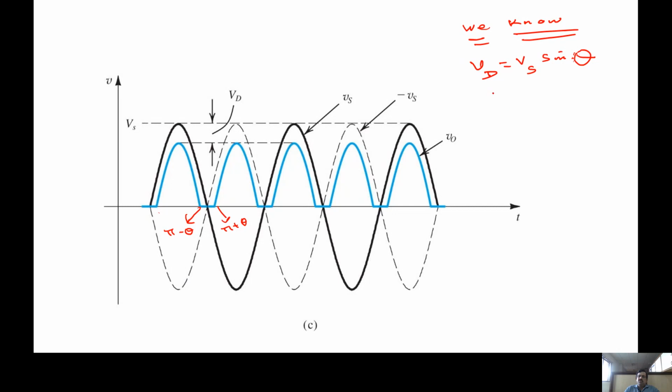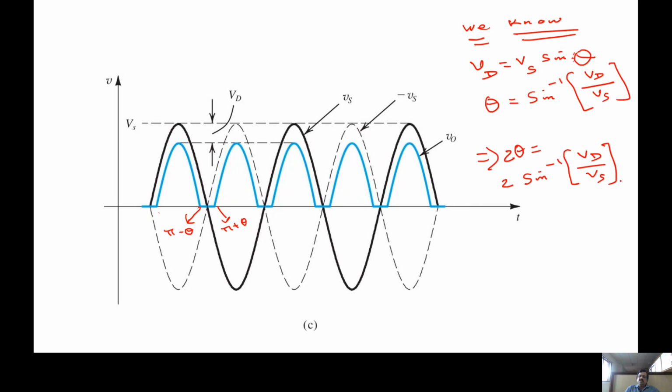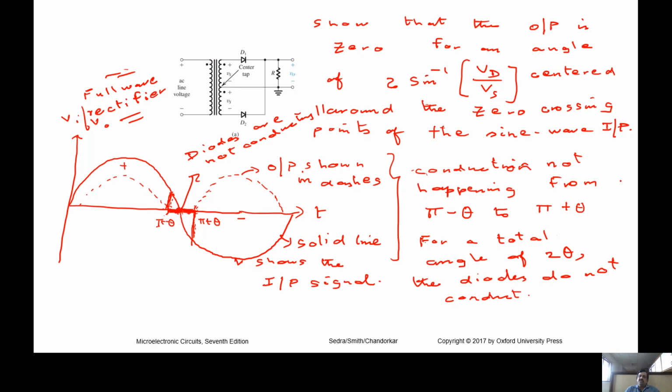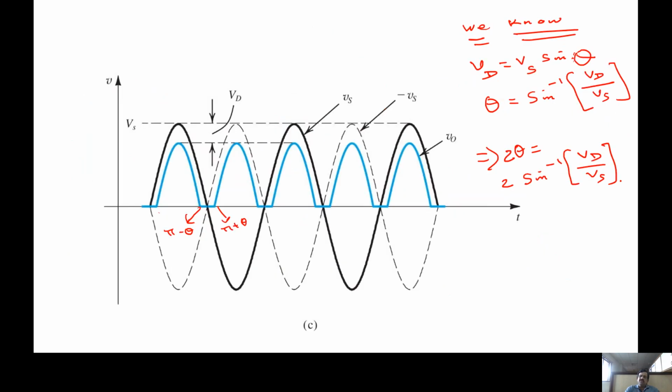So theta equal to sin inverse of Vd by Vs. This implies 2 theta equal to 2 times sin inverse of Vd by Vs. Now, have we completed the proof? The answer is yes. That's what we are showing: the output is 0 for an angle of 2 sin inverse of Vd by Vs. So the first part is over.